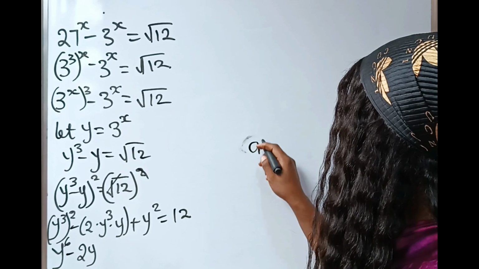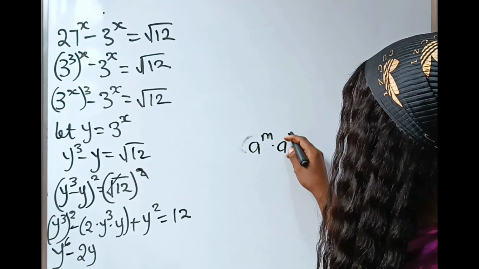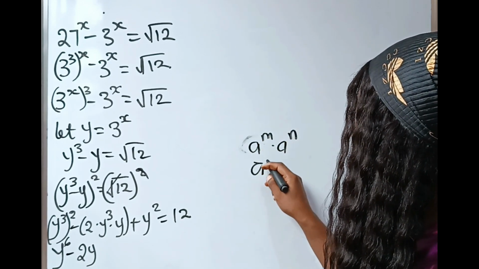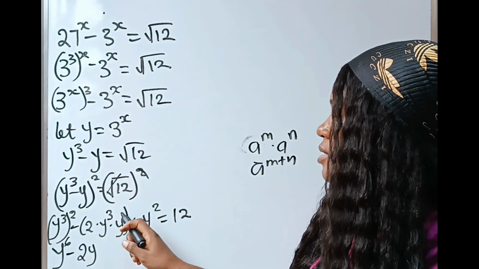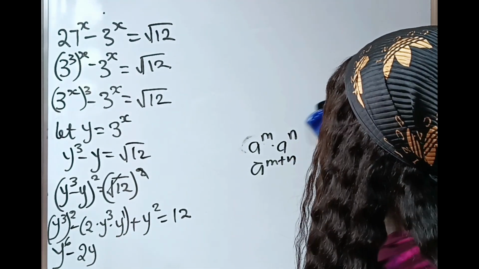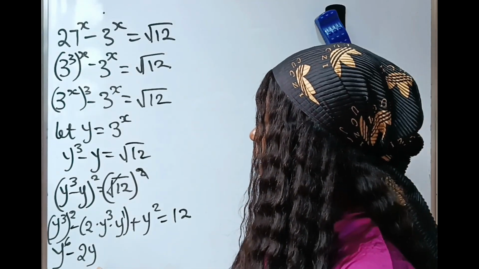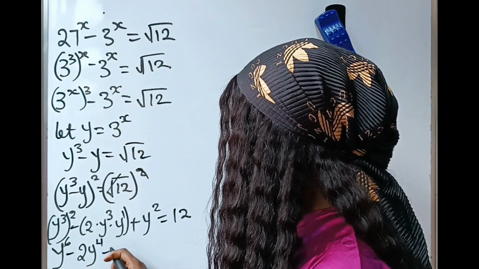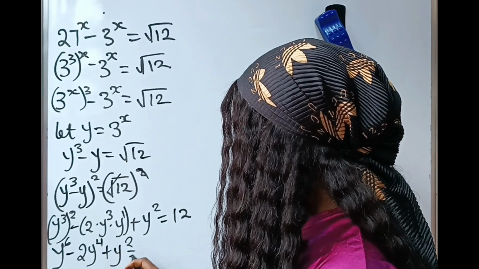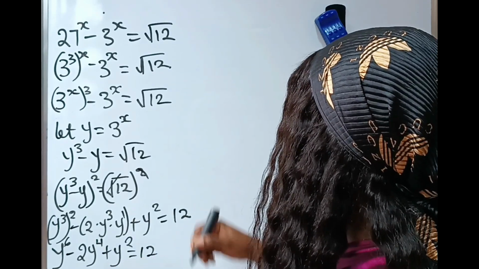When you have a to the power of m multiplied by a to the power of n, you pick one base and you add the powers. This is the same thing as y to the power of 1. So I pick one base, which is y, and add the powers, 3 plus 1 to give me 4, plus y to the power of 2 is equal to 12.